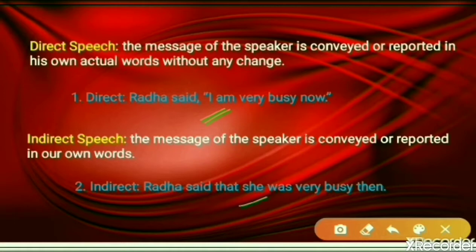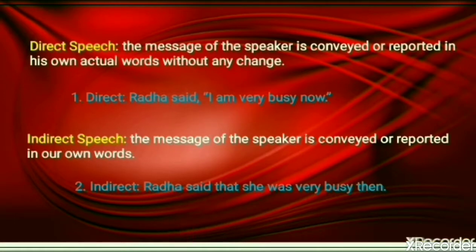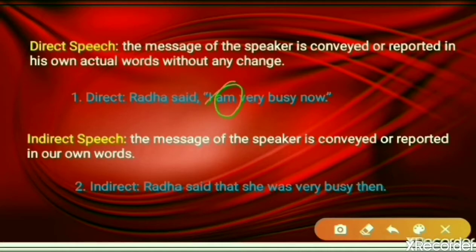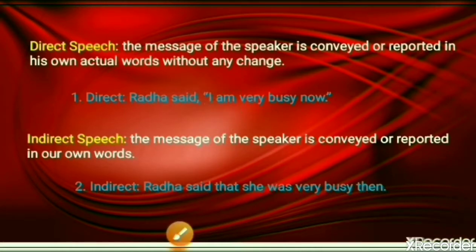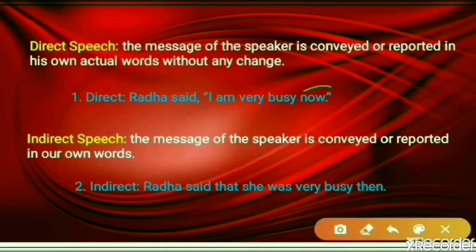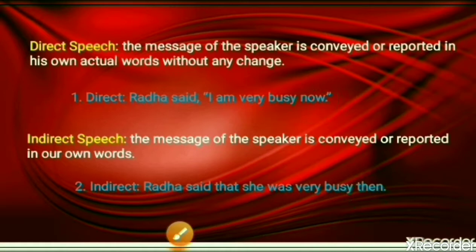I becomes she. Fourth thing, changes in tense. And fifth thing is changes in adverbs, that is time changes. Now, how are you going to change the tense from direct speech into indirect speech?